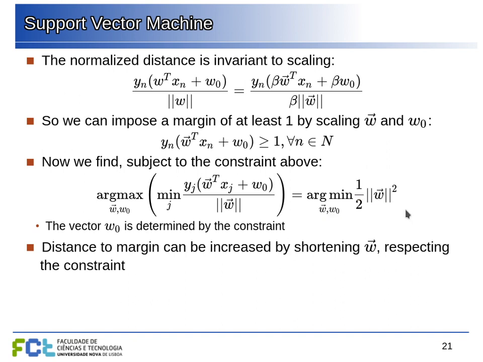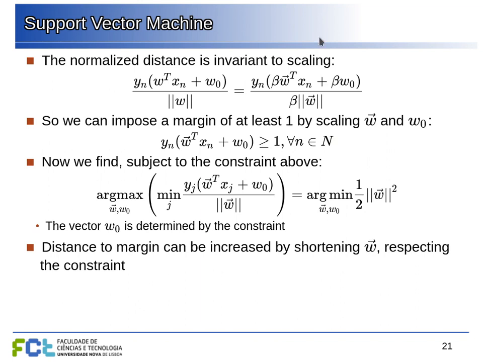It would be something similar to what we were trying to do with logistic regression when we added a penalty for the size of the vector, so that the loss function would encourage the use of shorter vectors. But here we are going to explicitly minimize the size of the vector, imposing at the same time this constraint so that we guarantee that we have points at least this value 1 away from the margin.